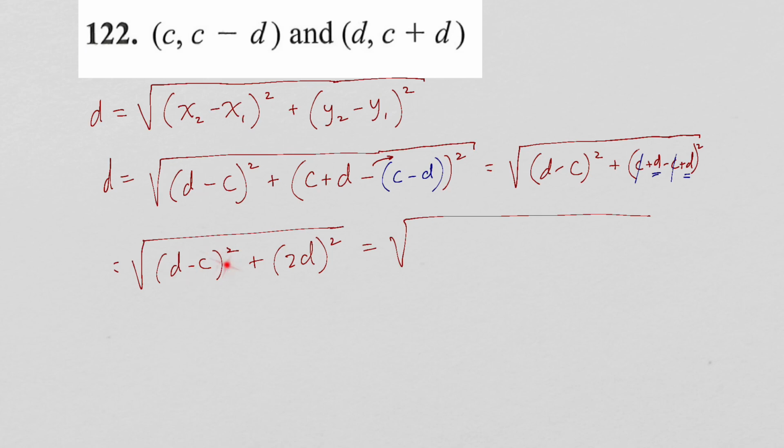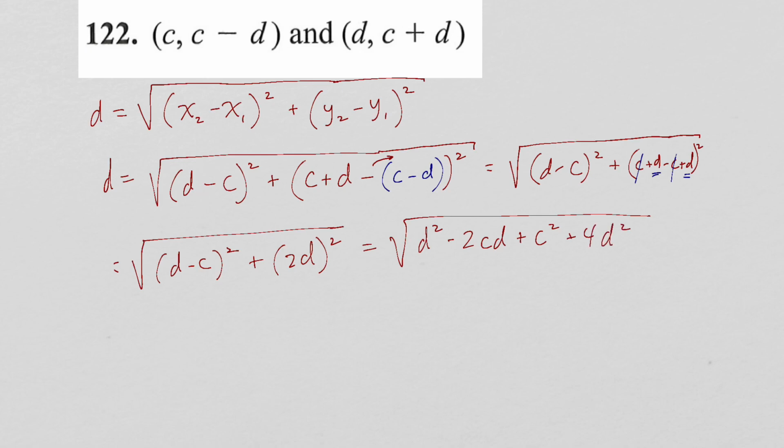This is a binomial, and when you square a binomial, it's always the square of the first, which is d squared, times twice the product of the two. The product of the two is negative cd, so twice that is negative 2cd, plus the square of the second, plus c squared. And then when we square this, we get 4d squared.